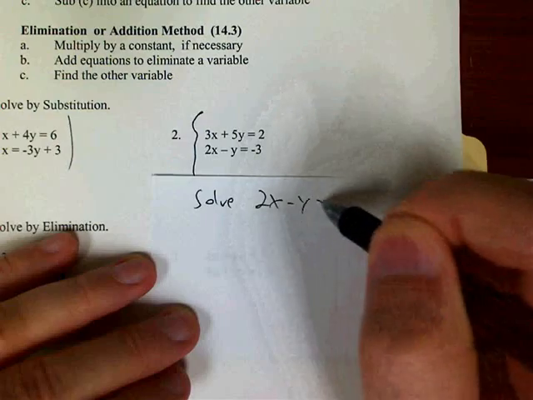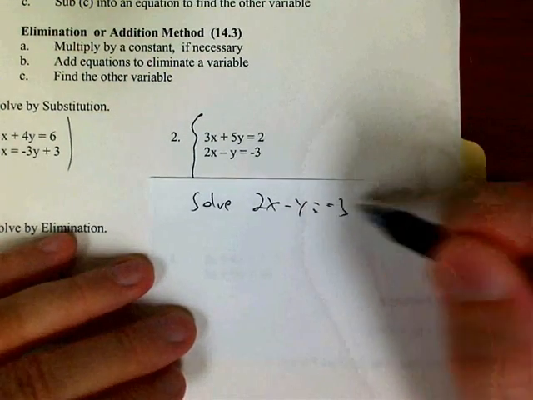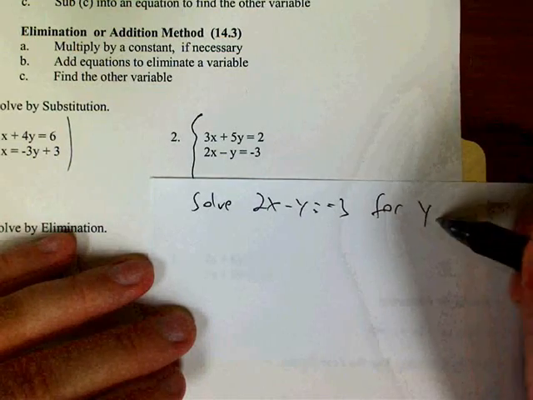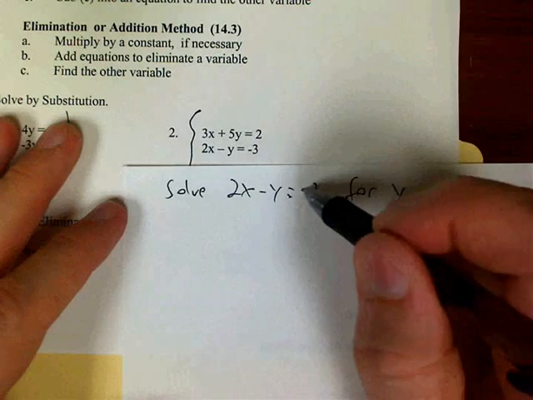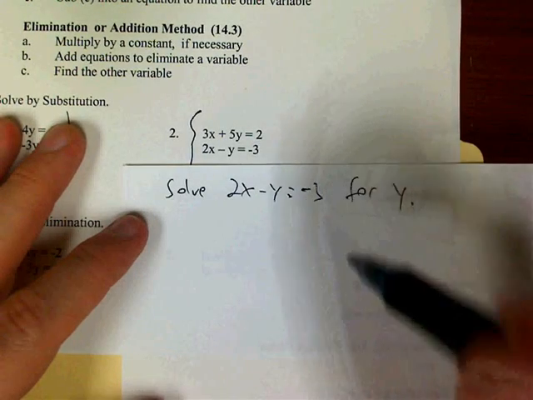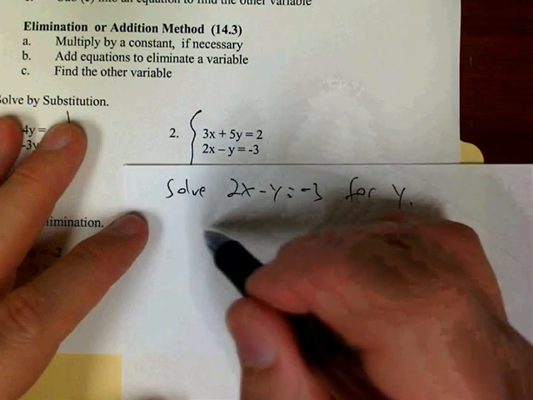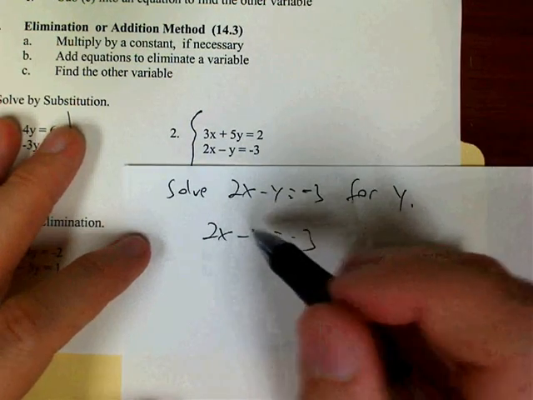The main reason is it doesn't have a coefficient other than 1 in front of it, which means I'm going to avoid fractions. There's all kinds of ways of doing this. I want to do it one way, but I probably shouldn't. So I'm going to do it the way most people will. So I want to get the y term by itself, which means I got to subtract the 2x.